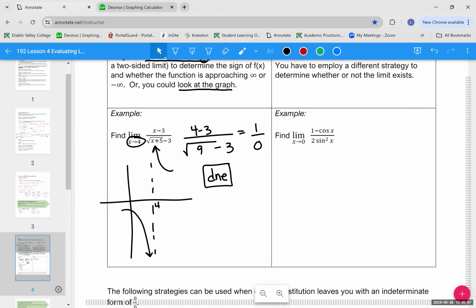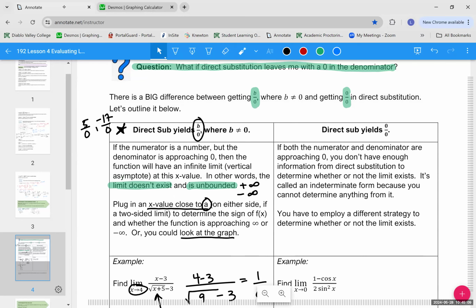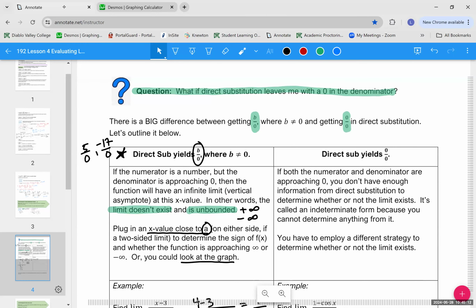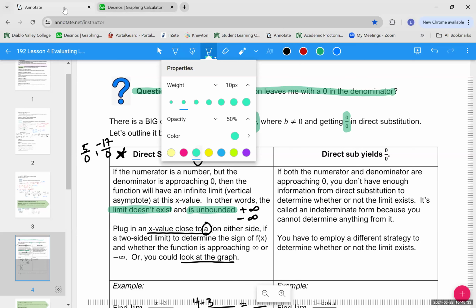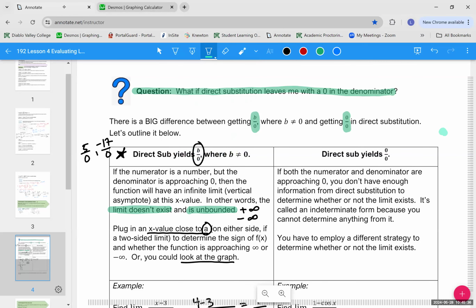Okay, so that was our first option. When we try direct substitution and we get a number over 0, that is telling us we have an infinite limit that doesn't exist. That is very different from the option where direct substitution gives us 0 over 0. If both the numerator and the denominator are approaching 0, you do not have enough information from direct substitution to determine whether or not the limit exists.